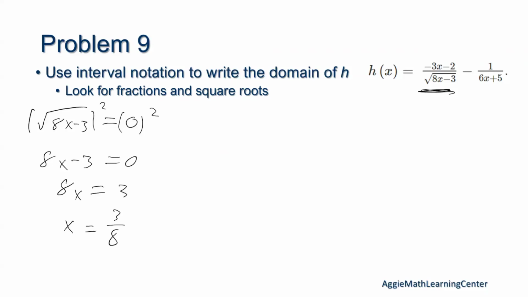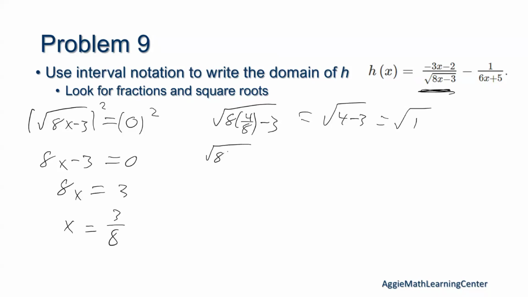So let's say it's a 4/8. So if you have the square root of 8 times 4/8 minus 3, that gives you the square root of 4 minus 3, which is the square root of 1. So that's positive, so that works. Now let's plug in something that's less than 3/8.